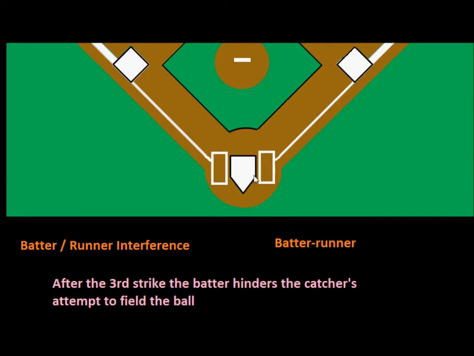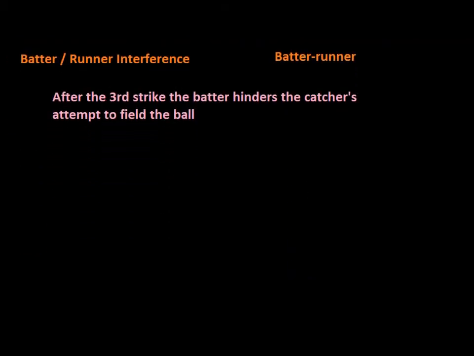Maybe the ball bounces in front of the plate, and the batter on his way toward first base might kick the ball or hit it with the bat, or even interfere with the catcher rather than the ball, and then he could be called out for interference.